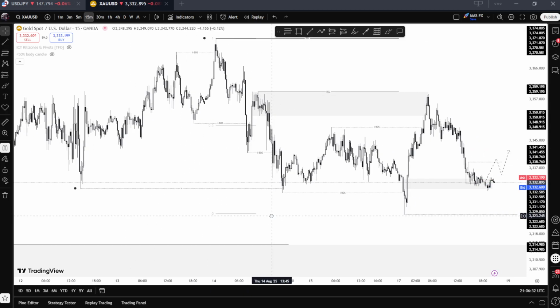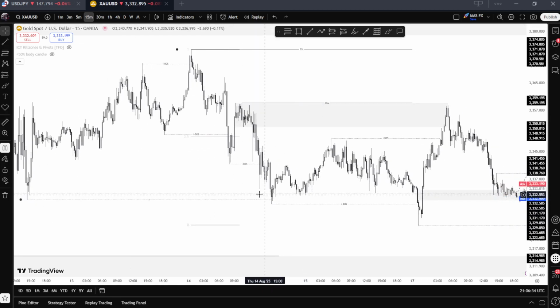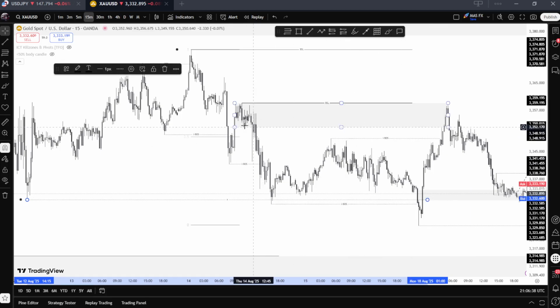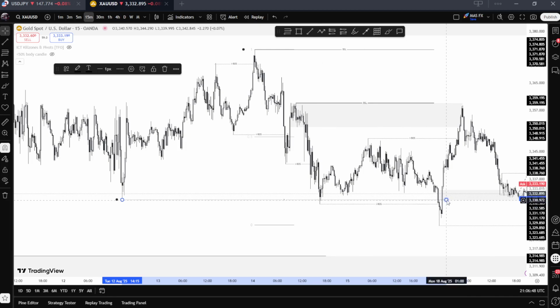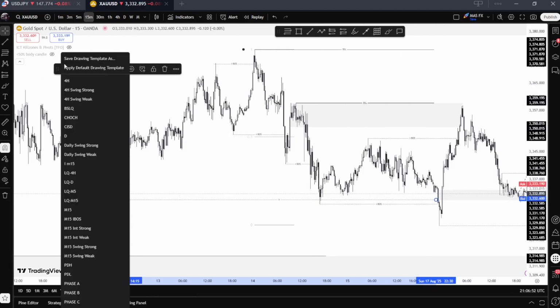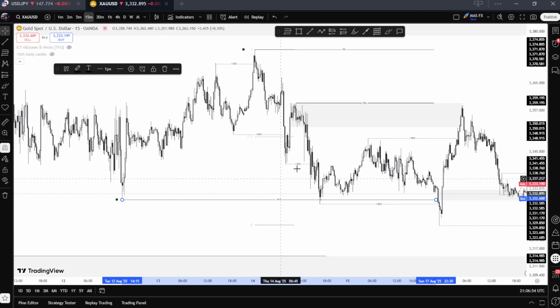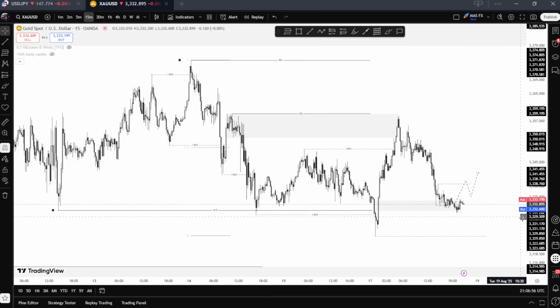We failed to close below this low, and then we had a pushback up into supply, filled some orders, had a very poor price action. It was very choppy, not much going on. And then we had a closure below this low here. So we had an M15 break of structure below this low.